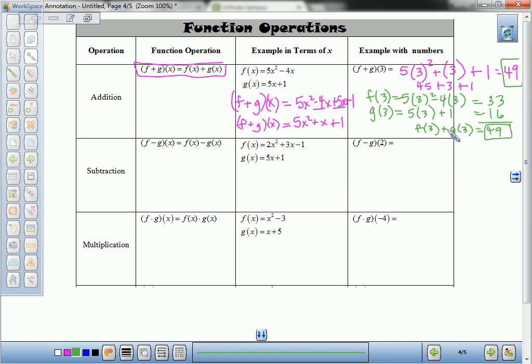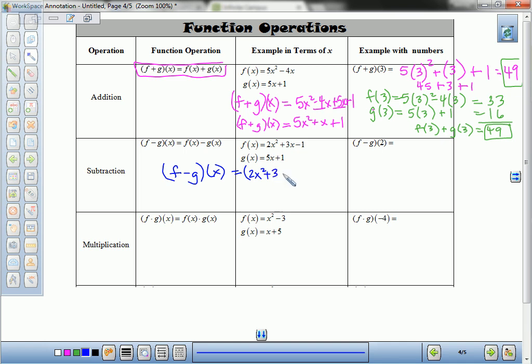Okay, so that's addition. That's all there is to it. Any questions? All right, subtraction. Okay, with subtraction, we just have to be careful to make sure we distribute the negative when we subtract. So if I ask you to do f minus g of x, if I ask you to subtract them, what you would write down is f.